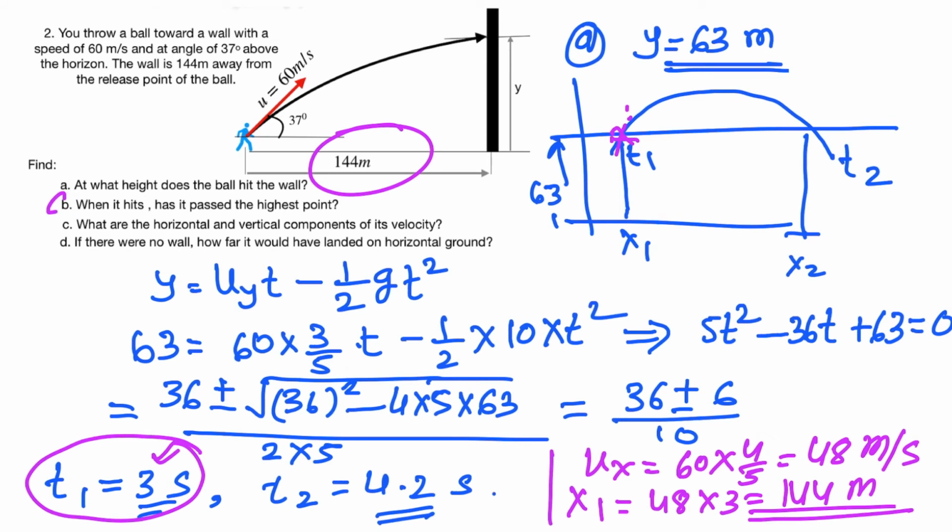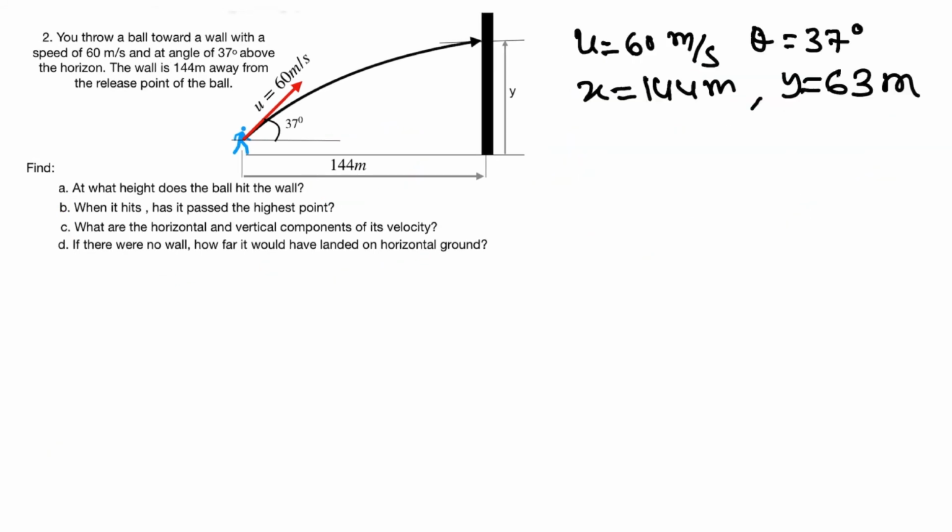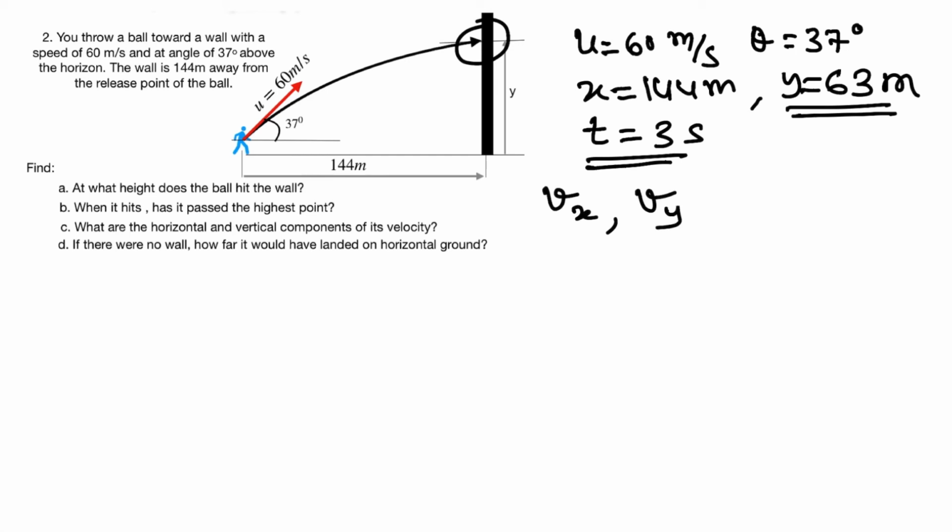Now let's move to section C. We have to find out the horizontal and vertical components of its velocity at t equal to 3 seconds. We have two pieces of information from the previous two questions, where y is equal to 63 and t is equal to 3 seconds. Basically, at that instant of time, what is the velocity in x direction and what is the velocity in y direction.